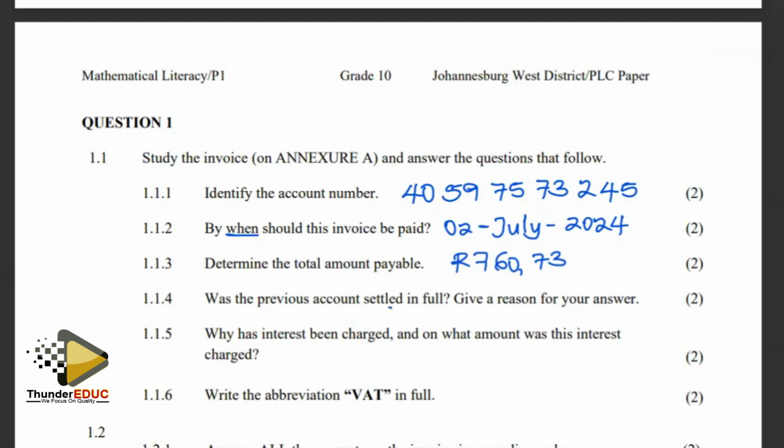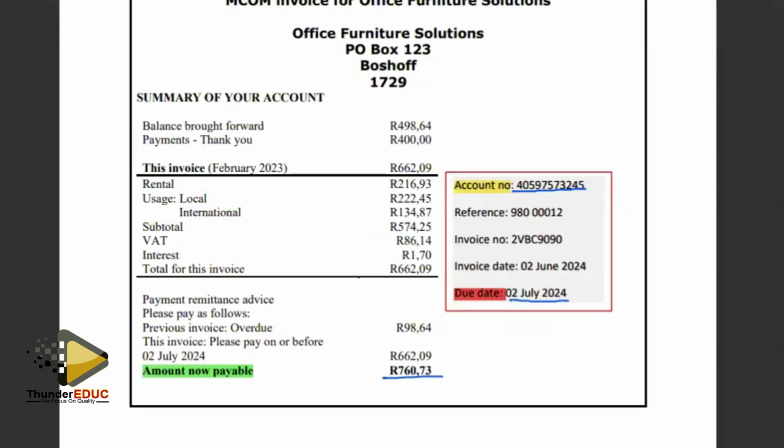They're asking, was the previous account settled in full? Simply meaning, was it paid fully? Give a reason for your answer. Let's analyze the previous account. We have the balance carried forward, it was this much. Payments made were 400. This caused this money to come in here, which is the previous invoice overdue.